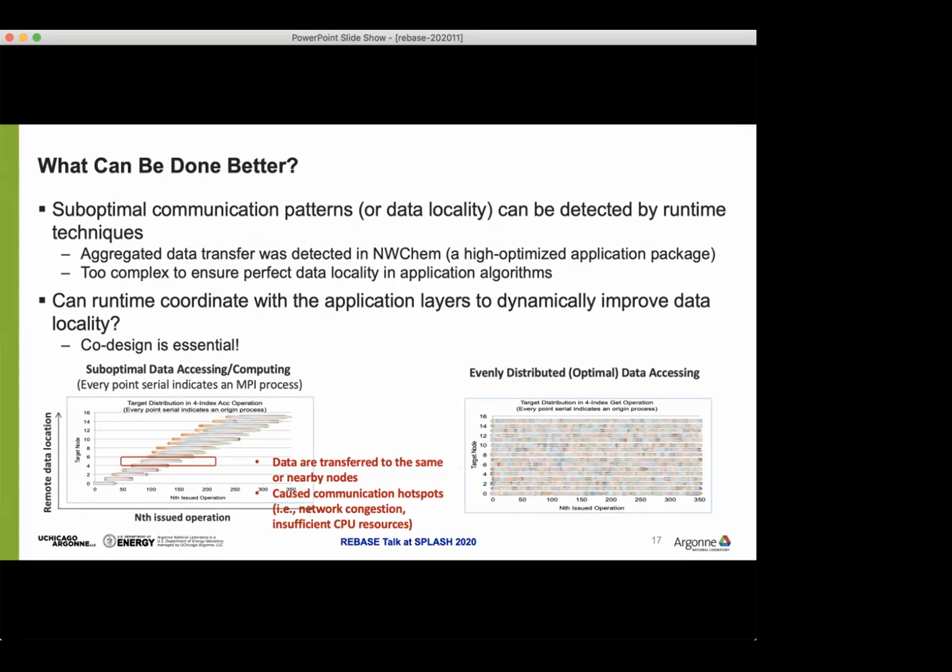So as an idea we probably want to propose in the near future: since the runtime can actually detect such trouble, rather than relying on human experience, can we use such information to automatically improve the data locality for applications? That's basically the information exchange and coordination across the runtime system and the applications. That's an essential goal of co-design.